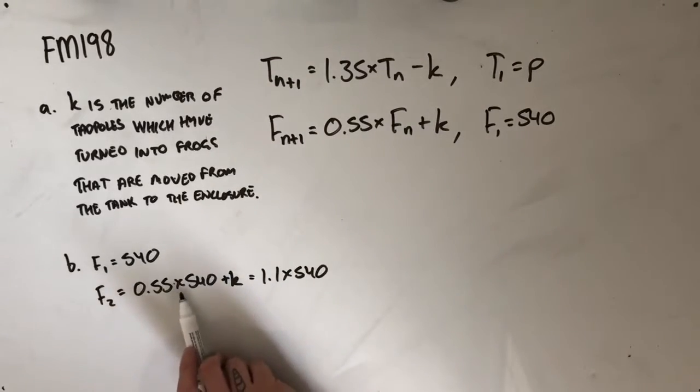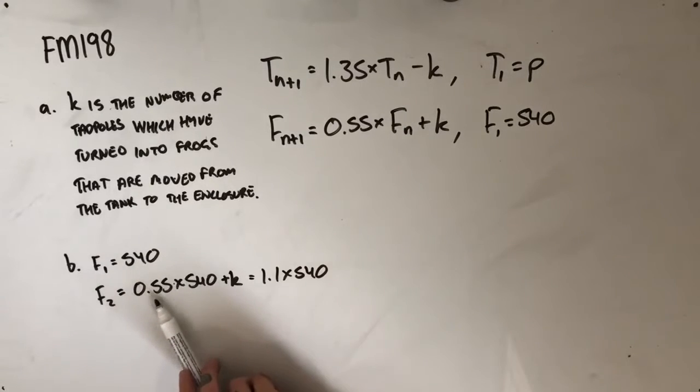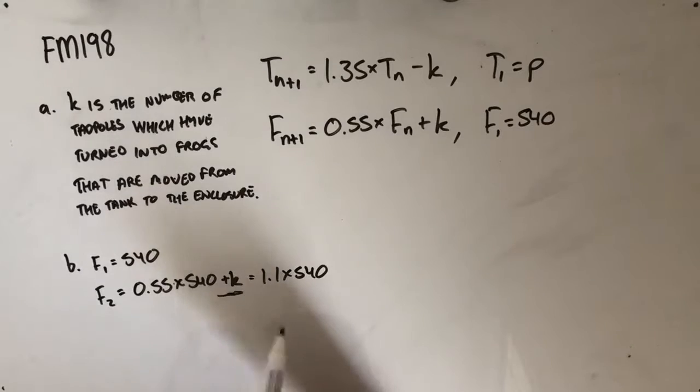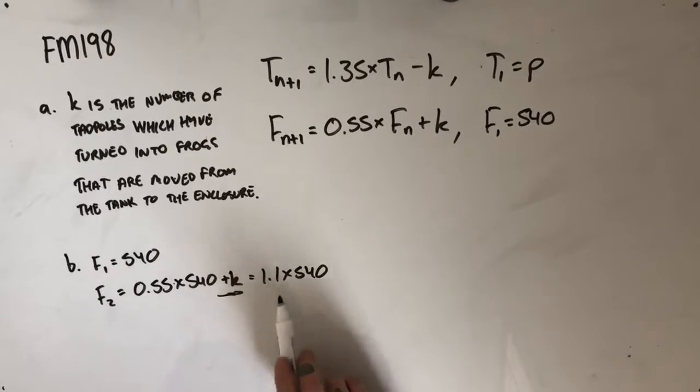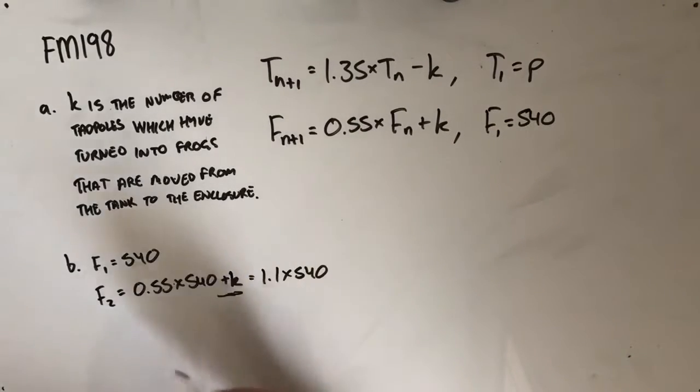So this 0.55 times 540 plus k comes from the recurrence relation. We know that F2 is going to equal 0.55 times F1 plus k. We also know that the answer is going to be 10% more than month 1, which means if we apply this 1.1 times 540, that will increase 540 by 10% and hopefully get us 594.